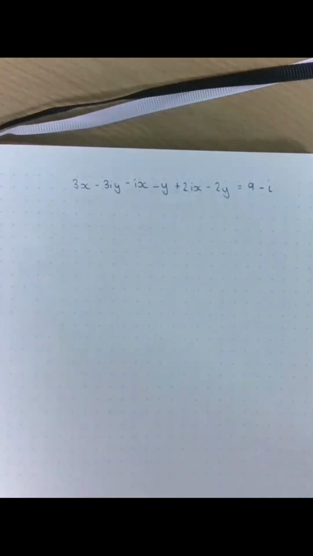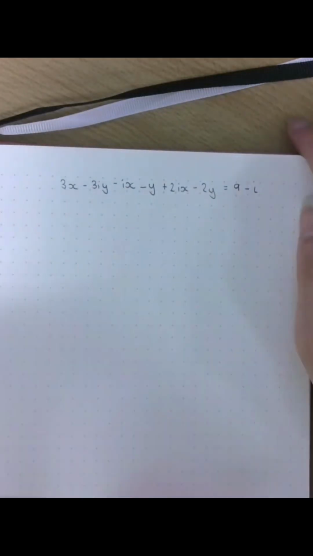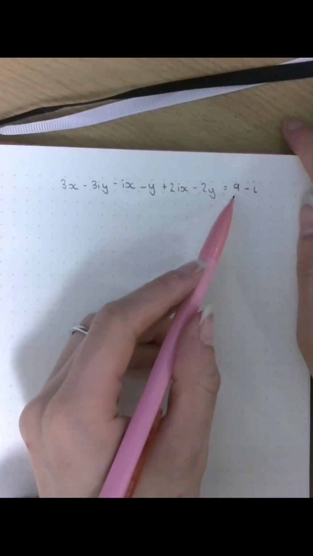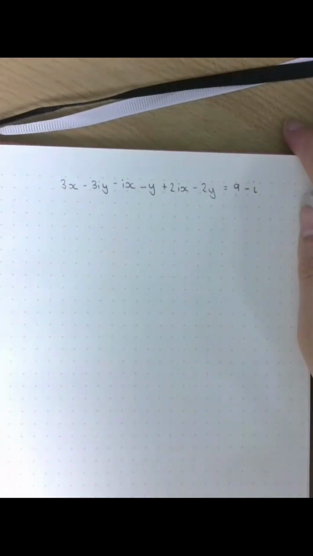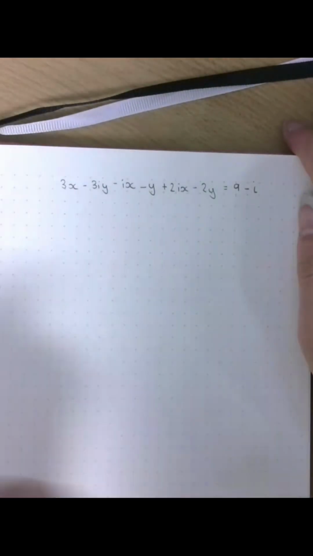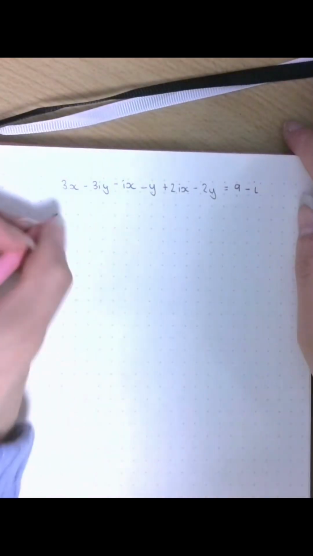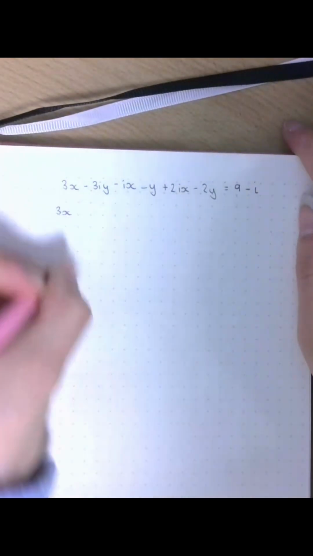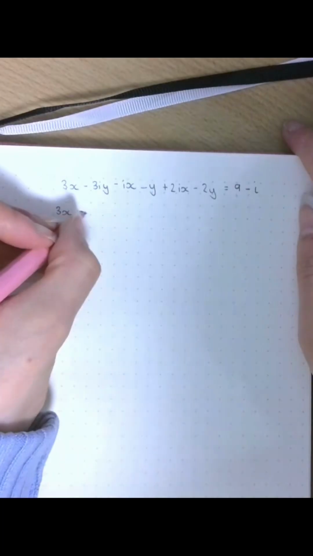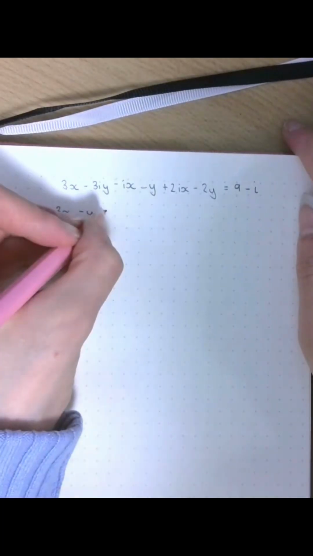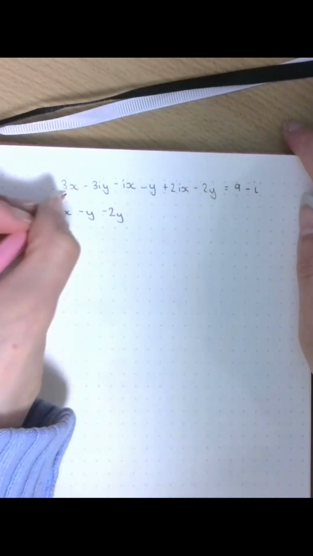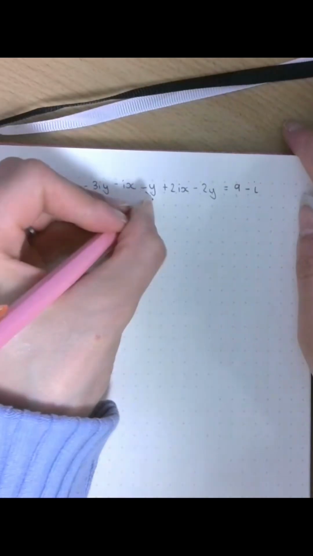So what I'm going to do now is gather up the real and imaginary parts. The real parts will add to 9, and the imaginary parts will add to -1, or -i. So this 3x is real. Then we have that minus y, and then we have the minus 2y. So that's real, and that's real.